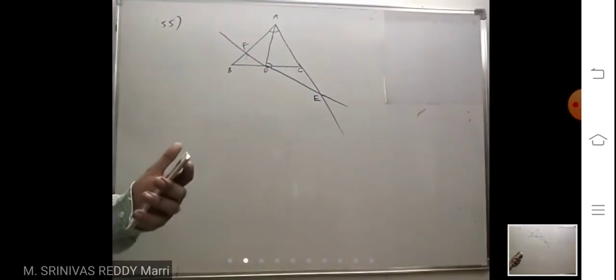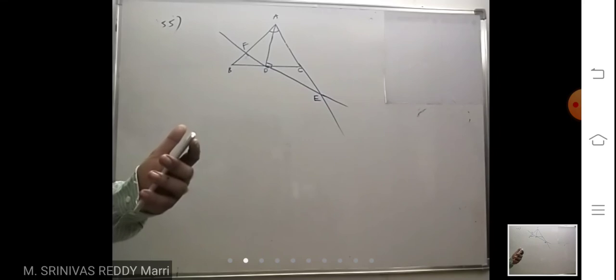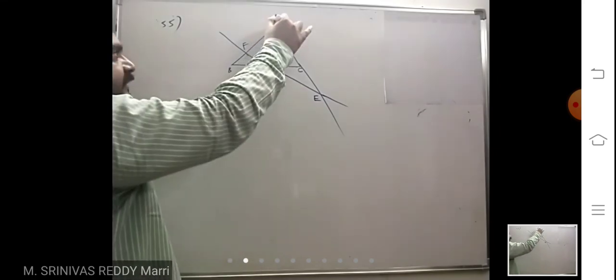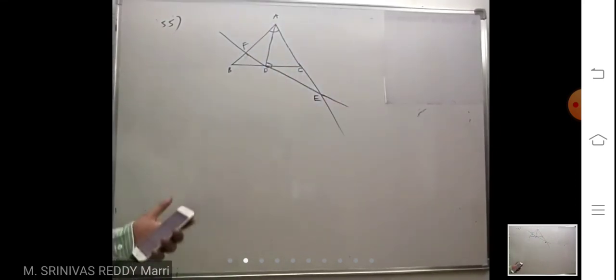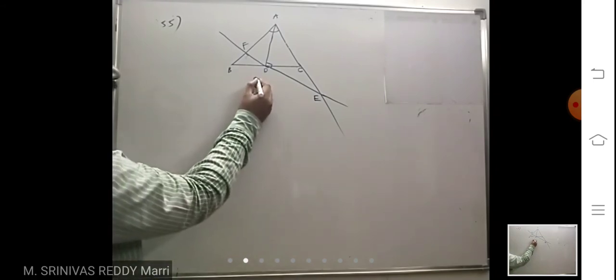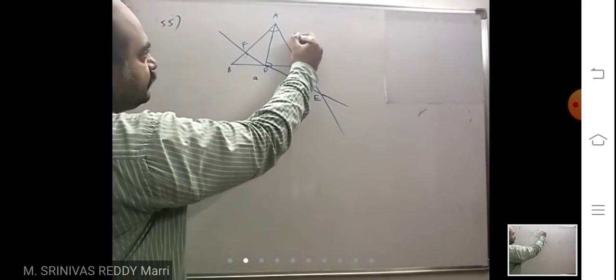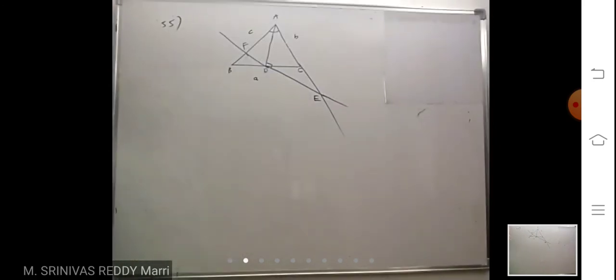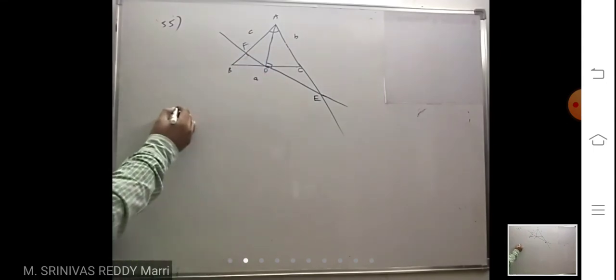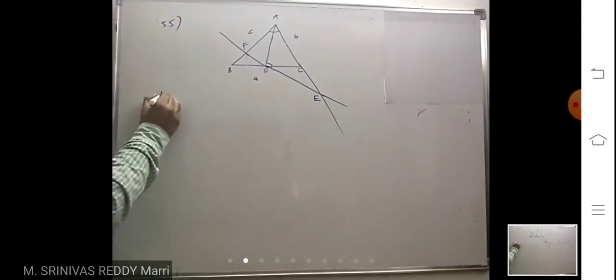Now what he is asking is, the first option is AE length. The second option is AD length, which you know. The sides are a, b, c. AD is nothing but the angular bisector length, that is a direct formula.